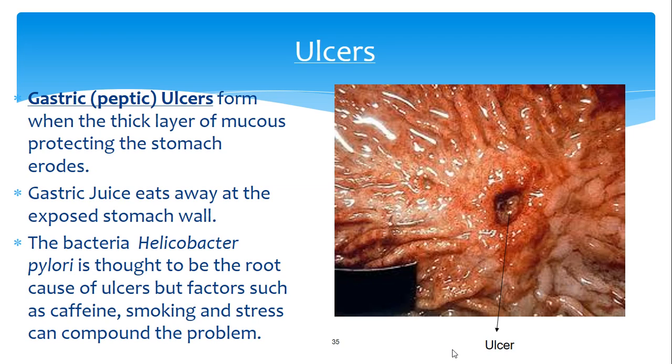So although H. pylori is the root cause of stomach ulcers, there are things that can cause the ulcers to flare up in some people. So things like smoking, caffeine, stress. Okay, these are things that impact your immune system and can impact your ability to fight off this bacteria.